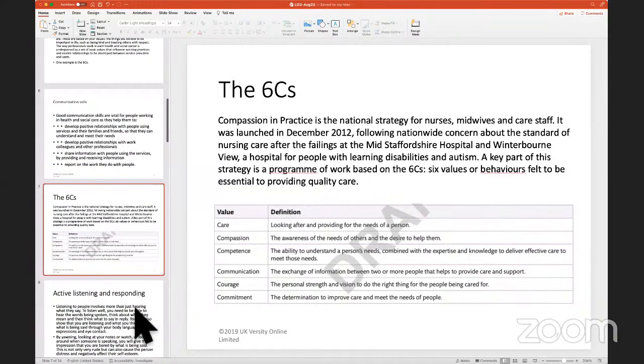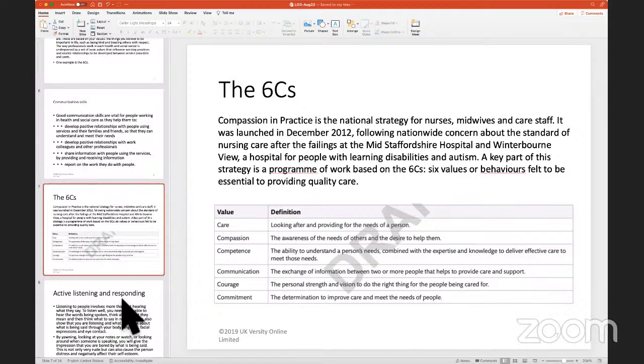Now, when we talk about these 6 C's, primarily from a point of view of health and social care, we need to look at these 6 C's which help us exhibit certain behaviors. Now, if I'm a health and social care assistant, or I work as one of the key members within the team as a nurse, midwife, or a care staff, what I want to be able to do is understand what is required in terms of personal skills and qualities.